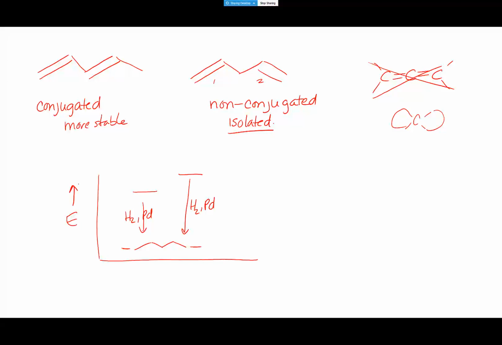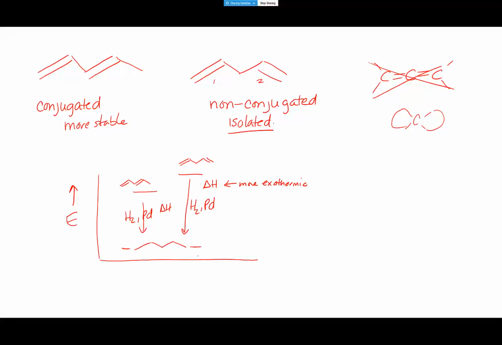And so if the conjugated system is truly more stable, it'll be at a lower energy than the non-conjugated one. So if I measure my heat of hydrogenation, this heat is going to be more exothermic, and all heats of hydrogenation are exothermic.